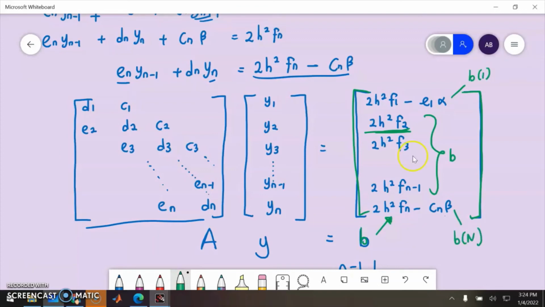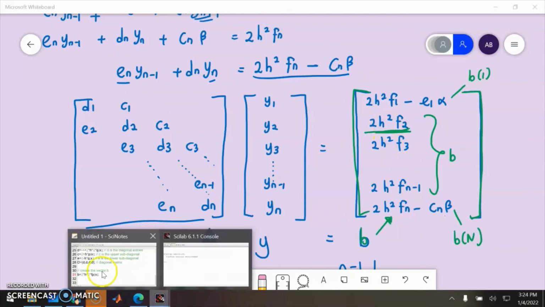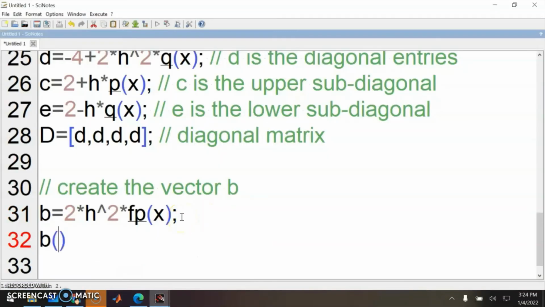So let's do that. b1 equals to 2h squared f1 minus e1 alpha. So what is b at 1, which is 2 times h power 2 times fp(x), which is exactly my b, correct?